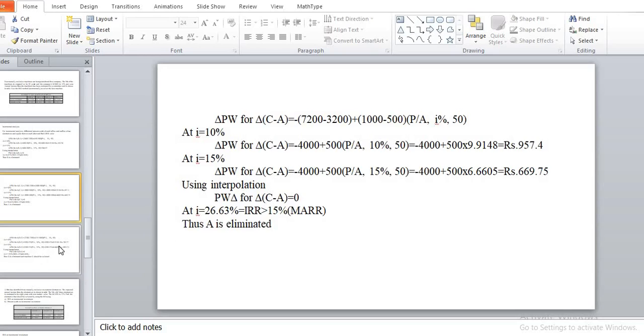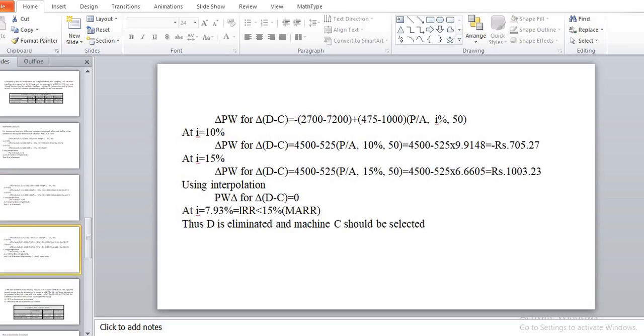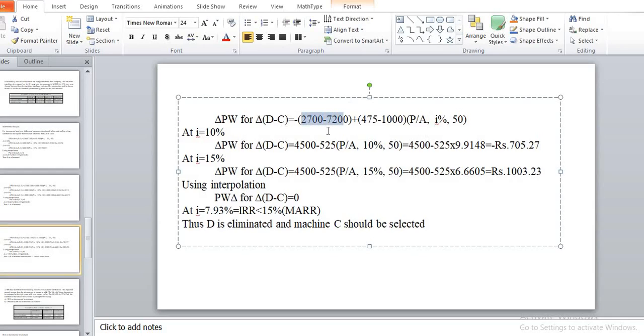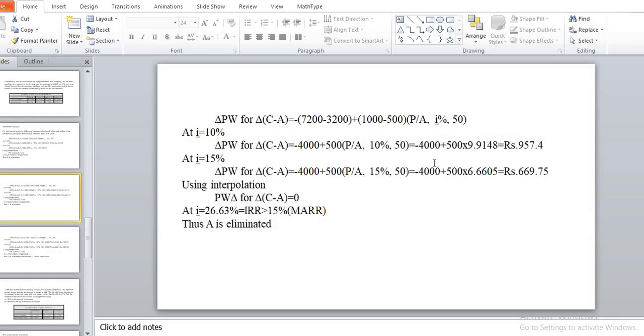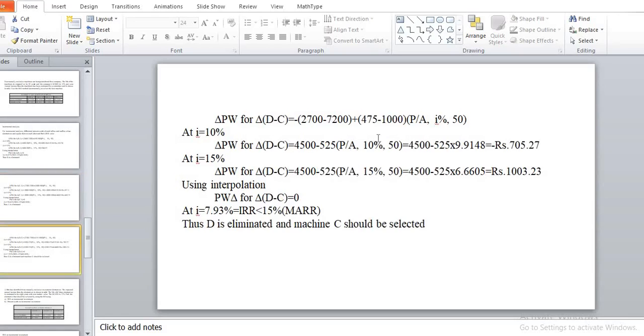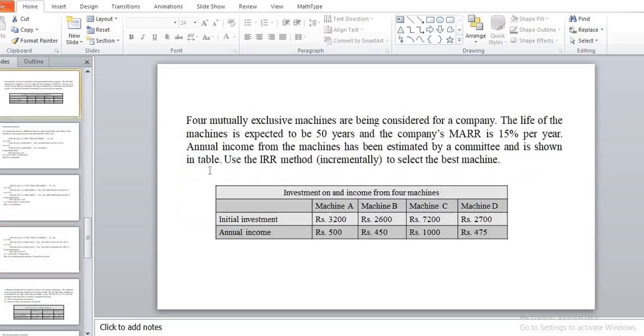To check this C, we consider the incremental D minus C. Again, the difference in investment of D minus C: D investment is 2,700 minus 7,200, and this 475 minus C minus D.